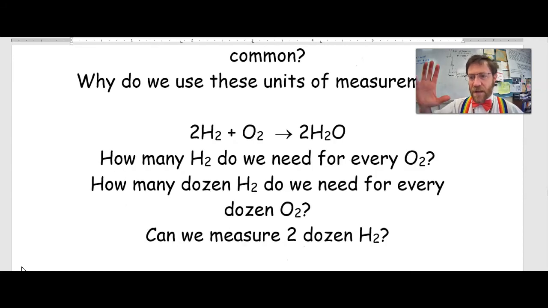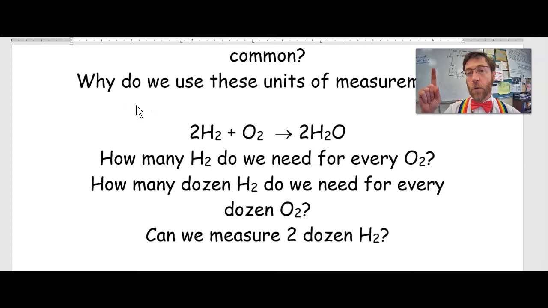So here's the thing. Here's how this is going to work for chemists, right? Here's a chemical equation that we have. 2 hydrogens are going to react with 1 oxygen, and it will produce 2 water molecules. Now, how many hydrogens do we need for every oxygen? Well, 2, right? We need 2 hydrogen molecules for every 1 oxygen molecule.